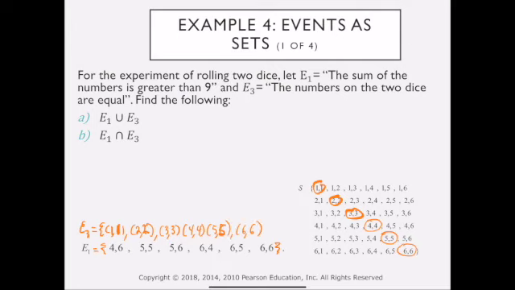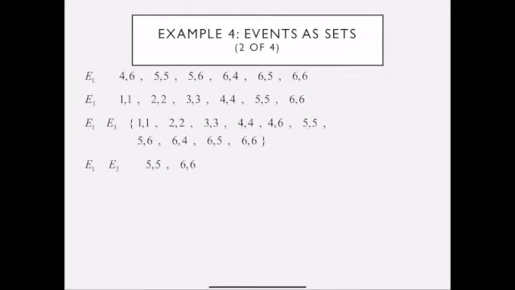Okay, so now I want to know the union of E1 and E3. Remember, union means I take everything in E1 and everything in E3, but I don't repeat the duplicates. So where these two overlap, what elements occur twice?